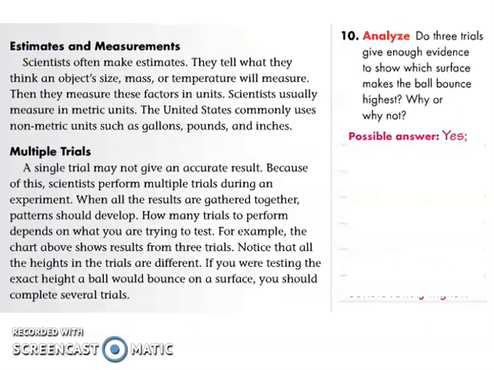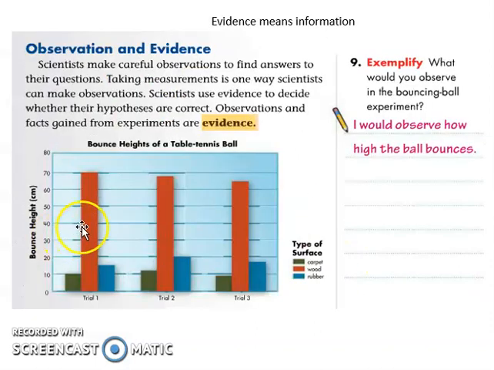Now, let's proceed to this page. Estimate and measurement. When we say estimate, we get not the exact number, but the nearest number to the whole number. An estimate is usually a number with a decimal. Like this, this is the exact number, right? 70.